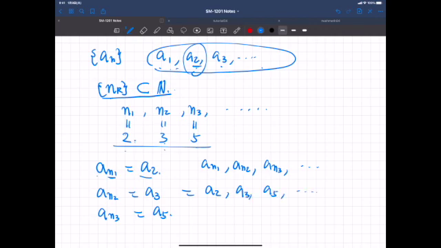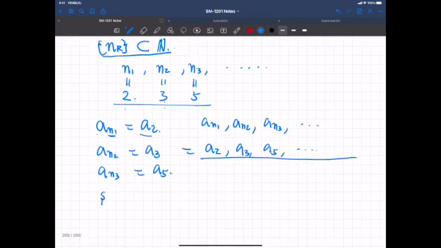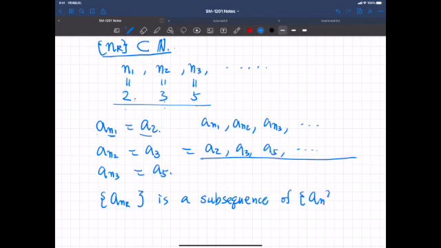This is a sequence of real numbers, and we say this is a subsequence of the original sequence. We write a_{n_k} as a subsequence. This is just one of many subsequences of a_n.